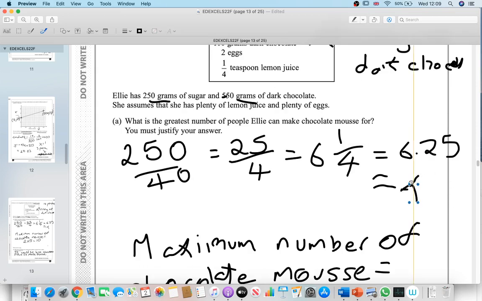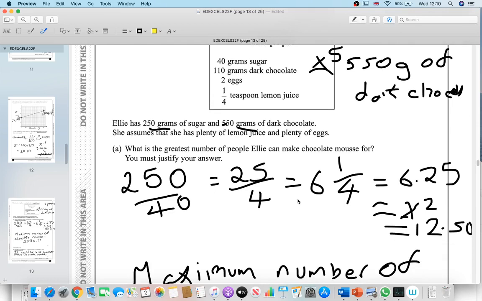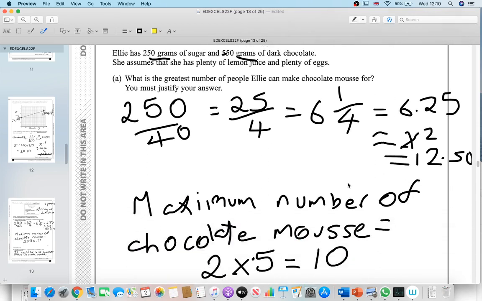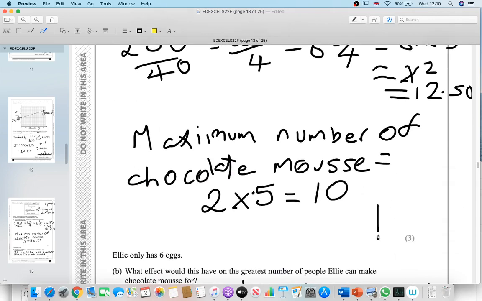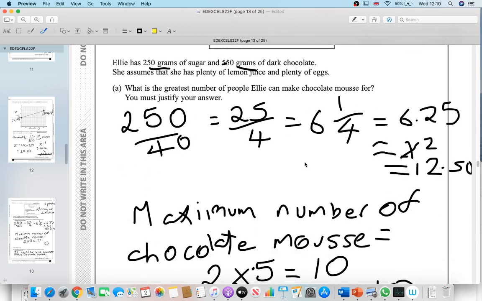Times it by 2 because I've got 2 people, so it's 12.5. So I've got enough for 12 people for the sugar, but I don't have enough for dark chocolate. So the maximum number has to be 10, due to the amount of dark chocolate that we have.